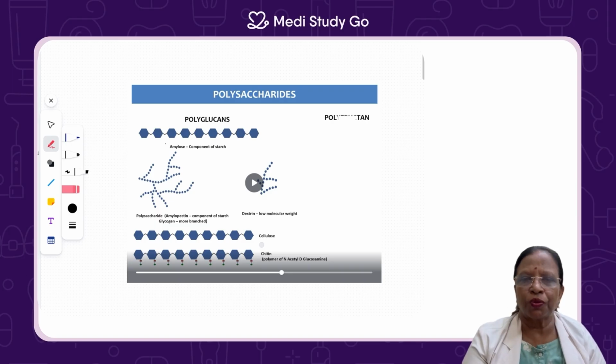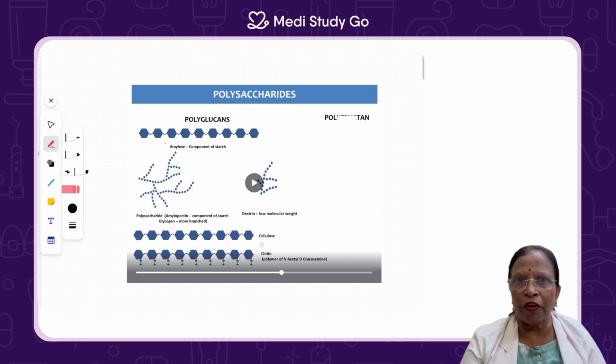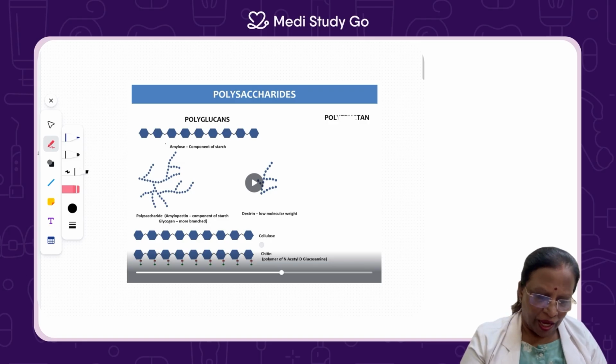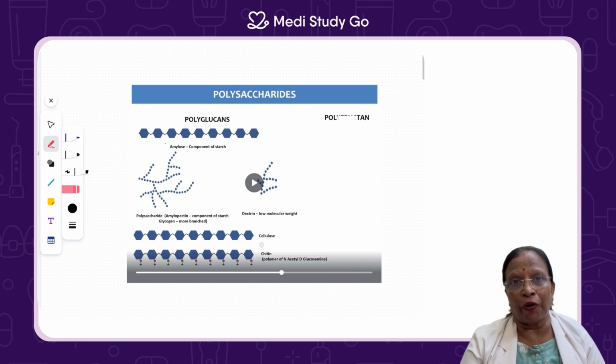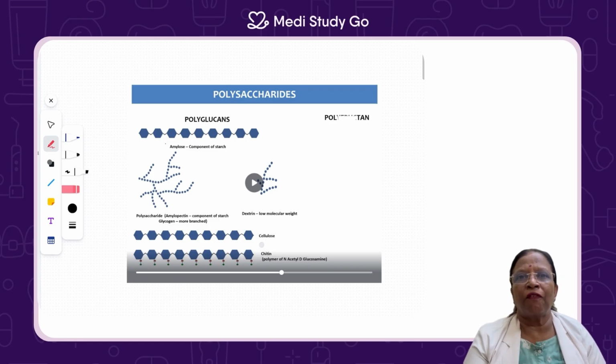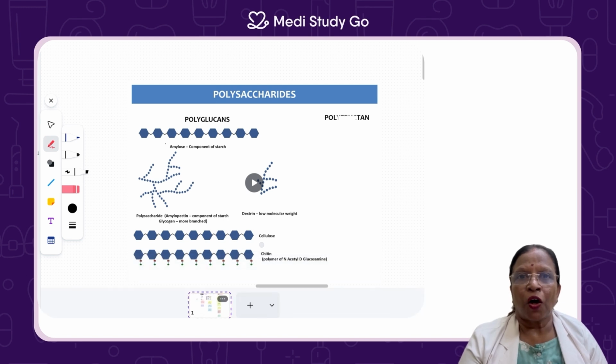One is amylose, which is a linear chain of glucose units linked by alpha 1,4 glycosidic bonds. And this is the structure of the second component, amylopectin, which is a branched structure having alpha 1,4 glycosidic bonds in the straight chain part and alpha 1,6 glycosidic bonds at the branch points. So these are the components of starch.